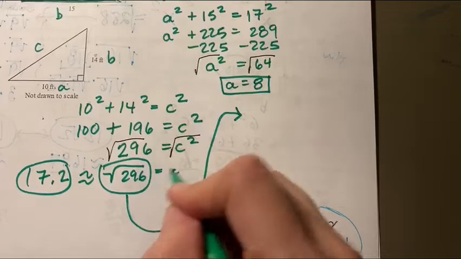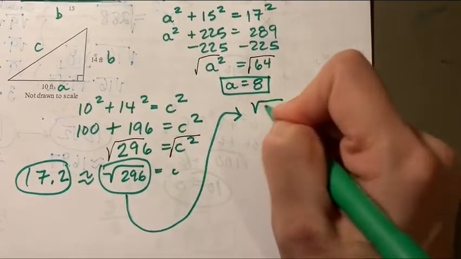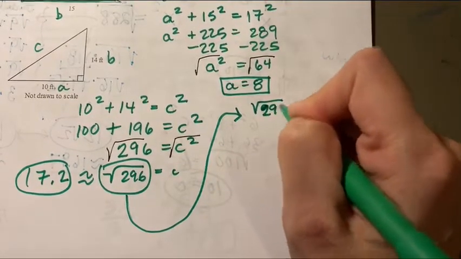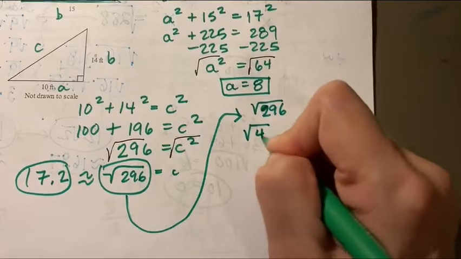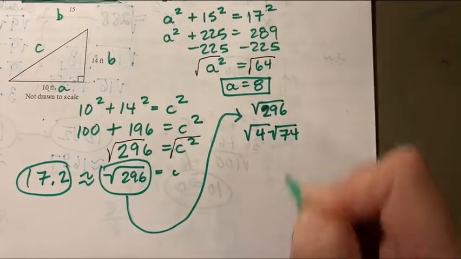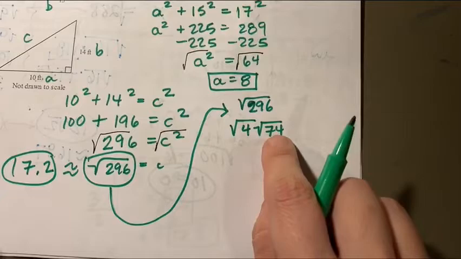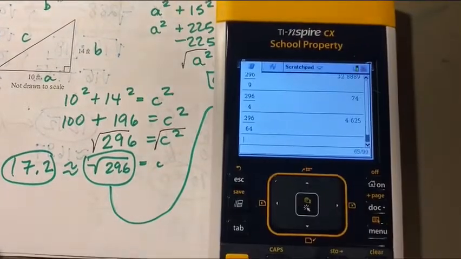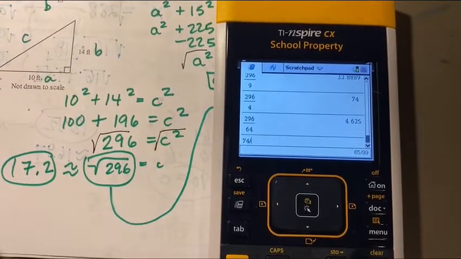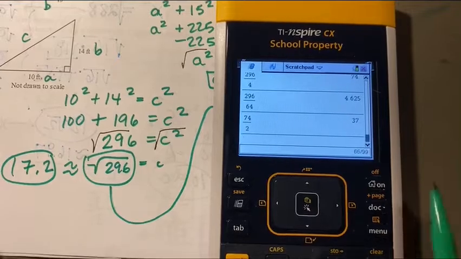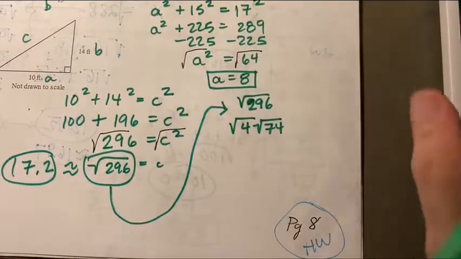Okay, so the square root of 296 is the same thing as the square root of 4 times the square root of 74. Okay, but then 74 is still even, so there's probably maybe a perfect square still in there. So let's divide 74 by 2 and see what we get. Ooh, 37.